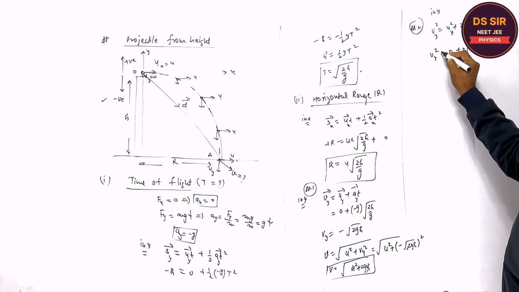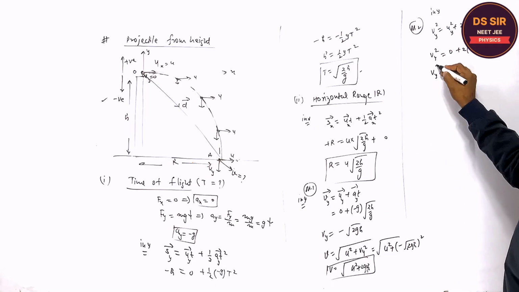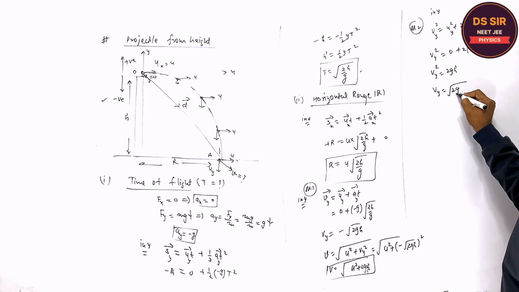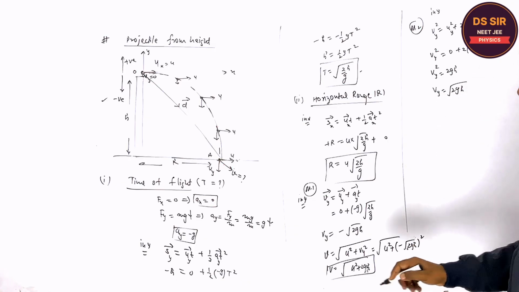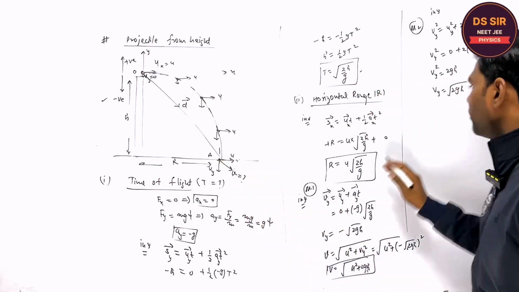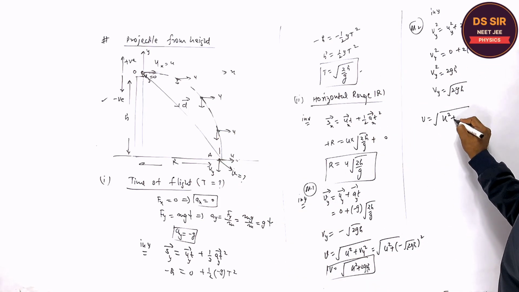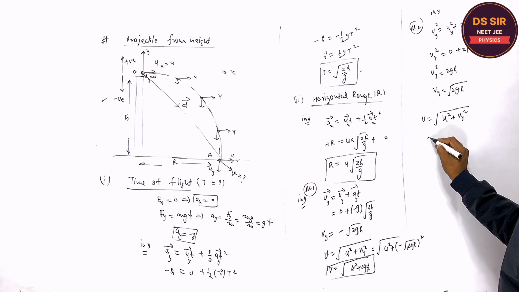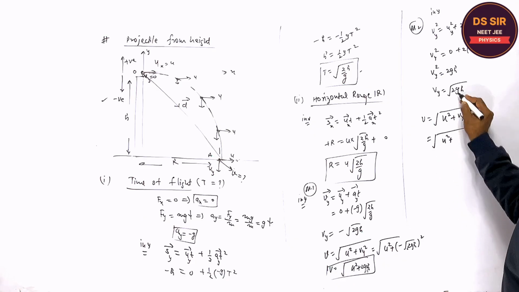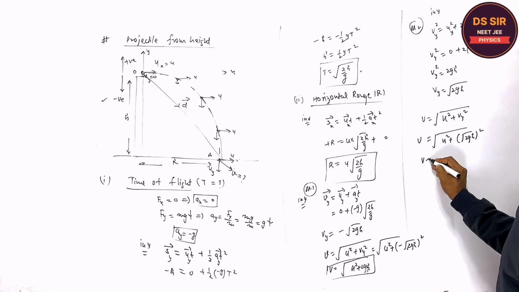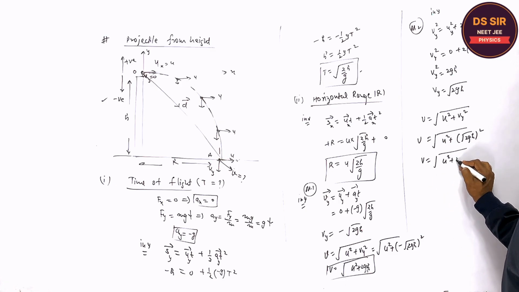So this is vy square. So vy square is equal to 2gh and vy may be written as root 2gh. Is it clear or not? Once you find vy, the resultant velocity can be found with the help of u square plus vy square, and therefore u square plus again 2gh whole square is equal to root over u square plus 2gh.